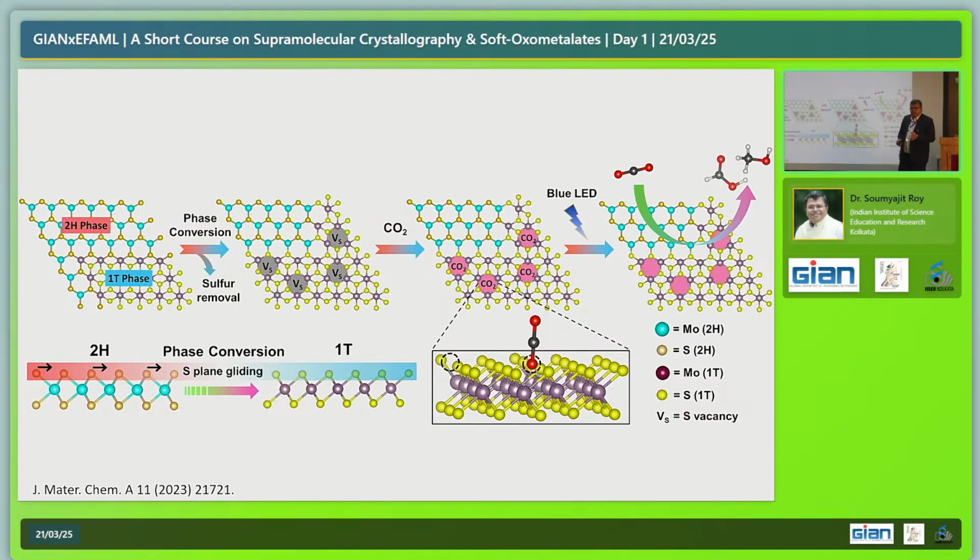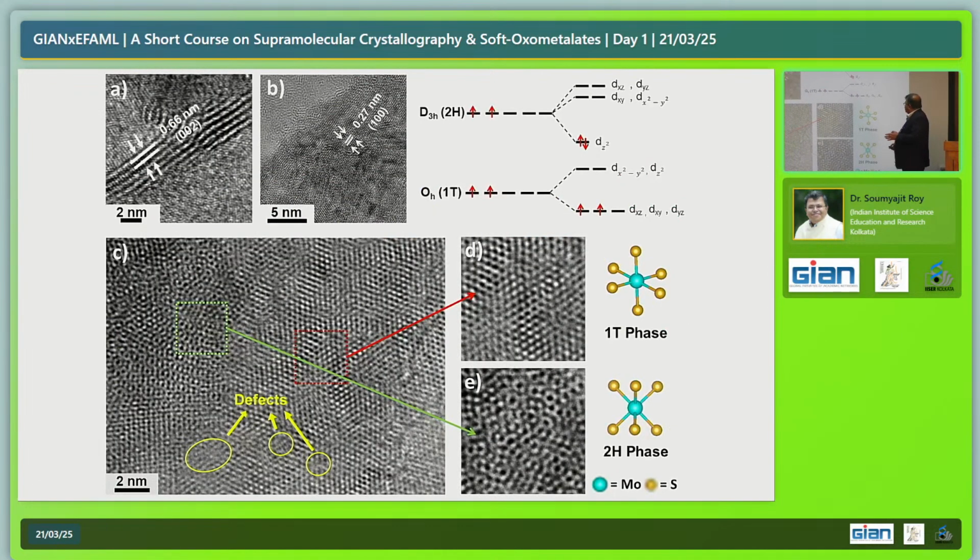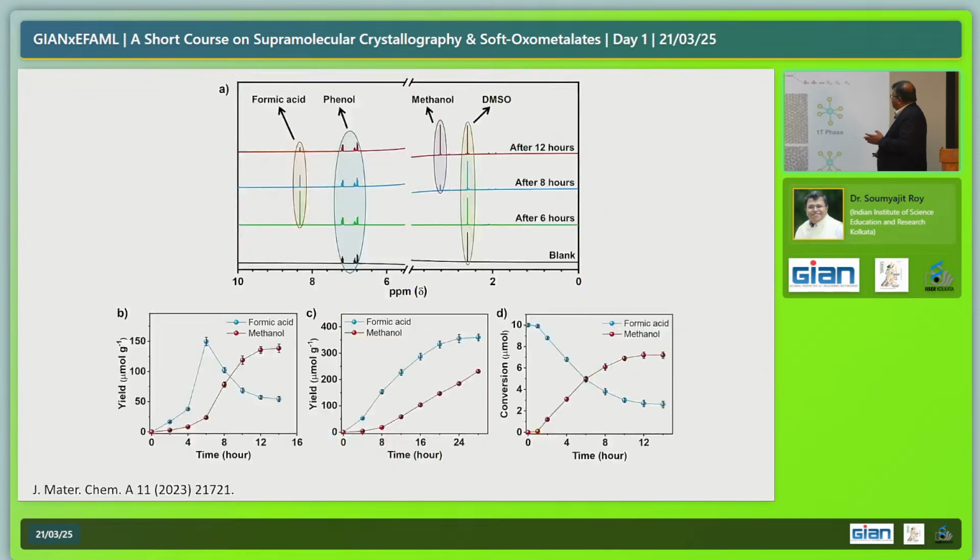to methanol. And what you can see is the difference between the 1T and the 2H phase, how we can see it from the transmission electron microscopy. But what is important is that initially you have a condition where you get formic acid, but with time this formic acid starts getting converted into methanol and the formic acid concentration goes down.